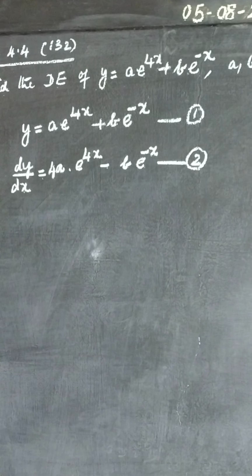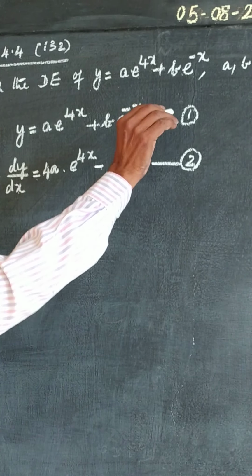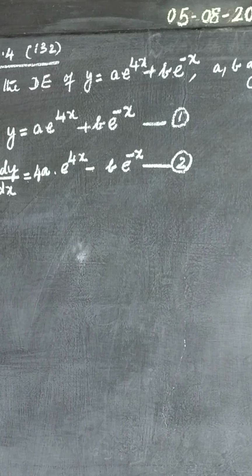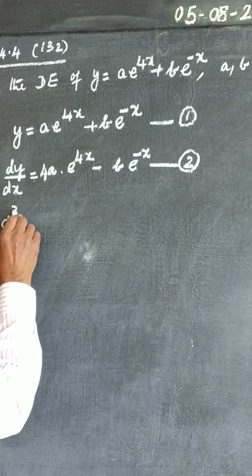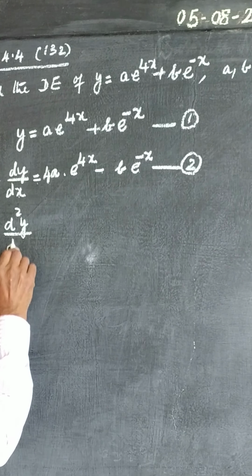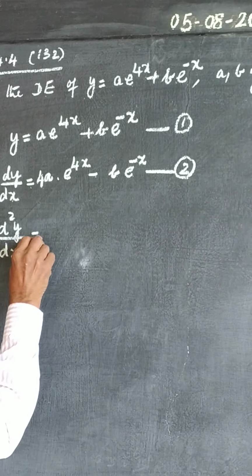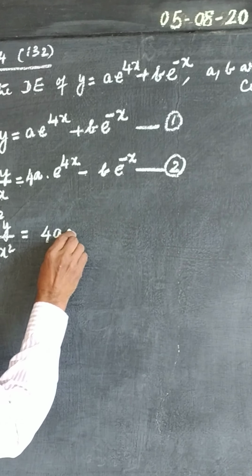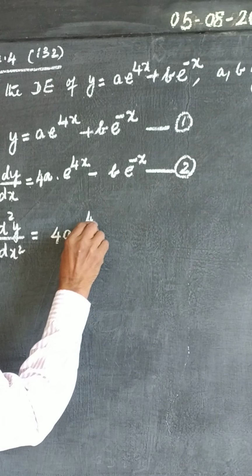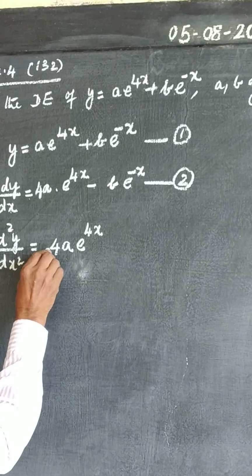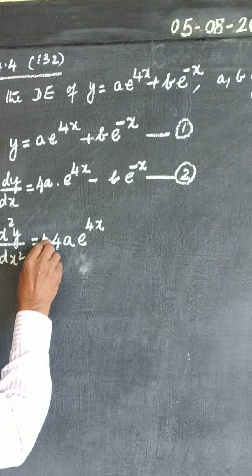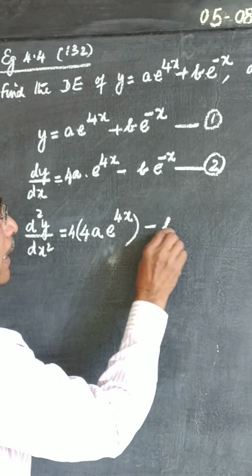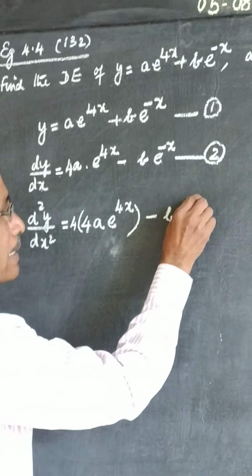Since it is given a and b are arbitrary constants, it is safe to find out the second derivative also immediately. What is the second derivative? d square y by dx square is equal to 4a e power 4x, again one more 4 is to be multiplied with this, minus b e power minus x.